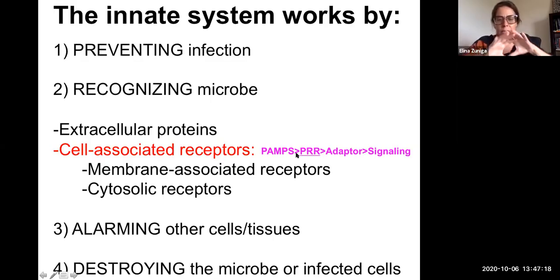This is a very general view, but you will see how it's helpful to remember that it's always a PAMP in the pathogen binding to a pathogen recognition receptor via an adaptor, inducing signaling that leads to production of factors that alarm or destroy.